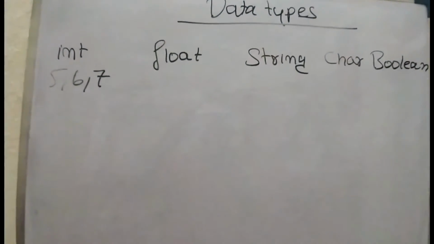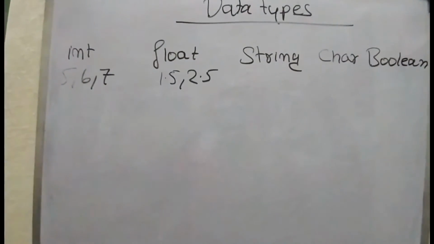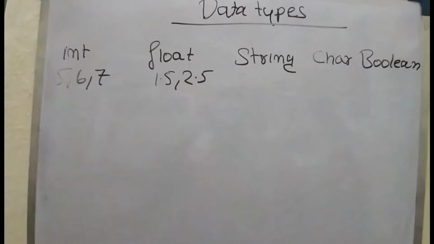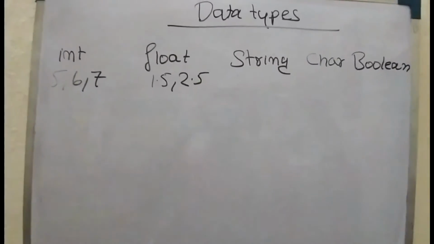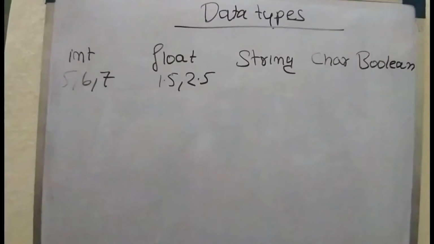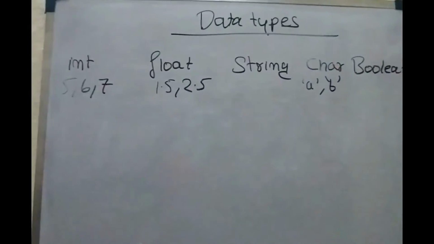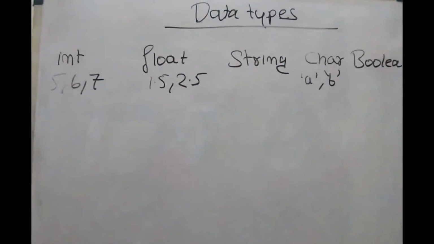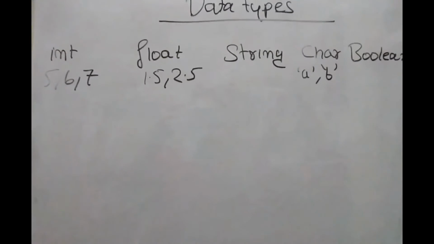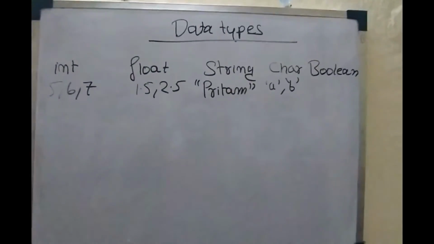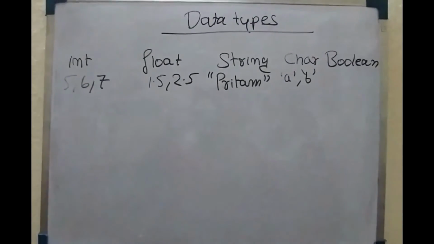In float, we store decimals like 1.5, 2.5. In char, we store alphabets, vowels, anything that is in single quotes and comprised of only one Unicode character. In String, we can store multiple characters, for example, the name of a student. And then we can even store boolean data types as well, such as true or false.